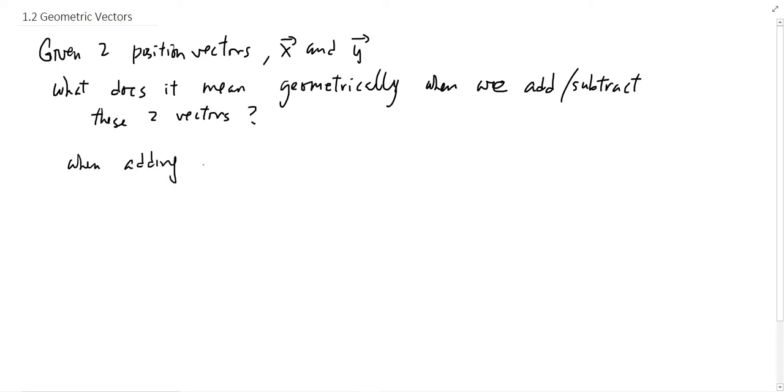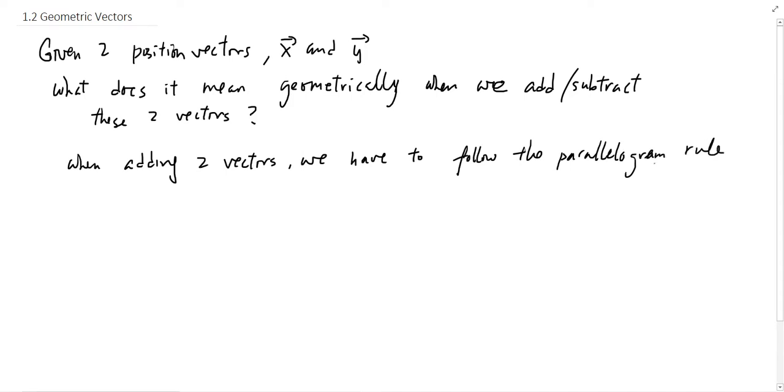So let's talk about what happens when we're adding. When adding two vectors, we have to follow what we call the parallelogram rule. So what is the parallelogram rule? Well, basically we mean this. Let's say we have vector x and a second vector, vector y.